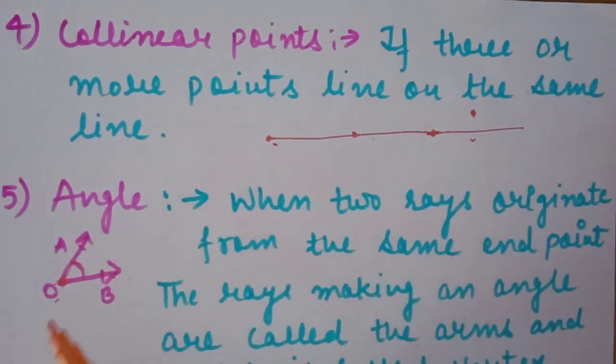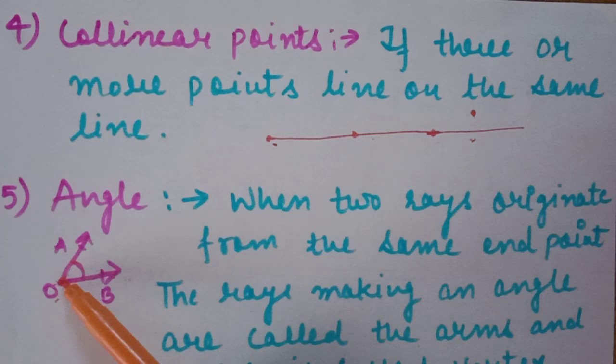Angle. What is an angle? When two rays originate from the same end point, then they will make an angle. We call it an angle. Again, when two rays start from one end point, from the same origin, then they will make an angle.